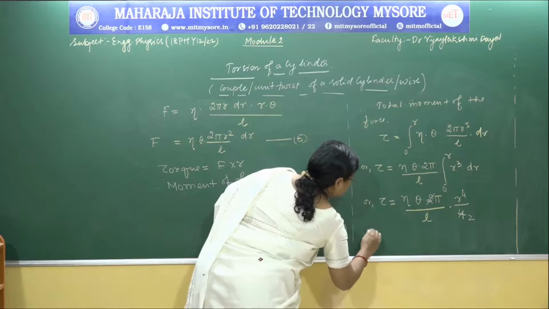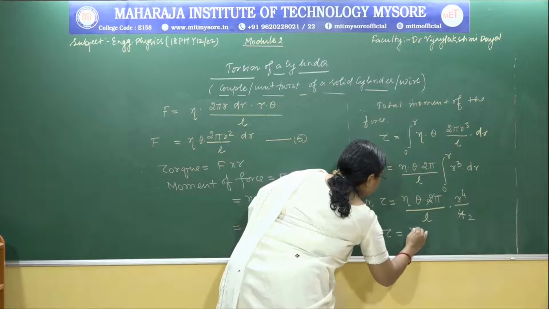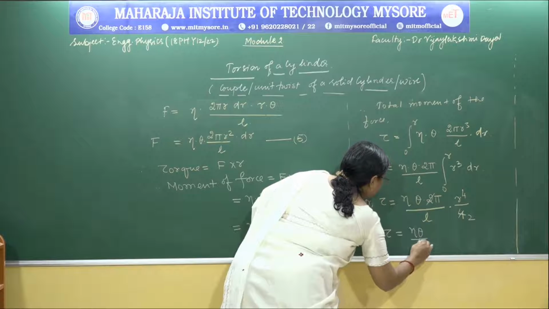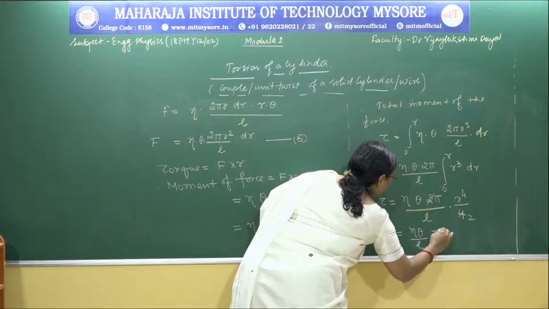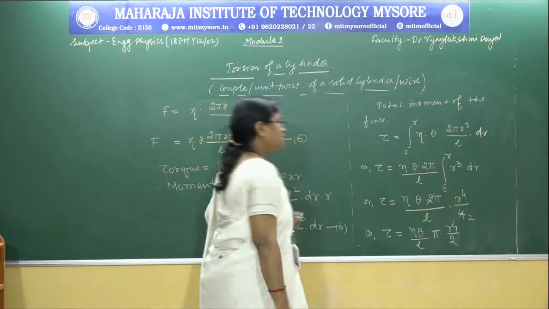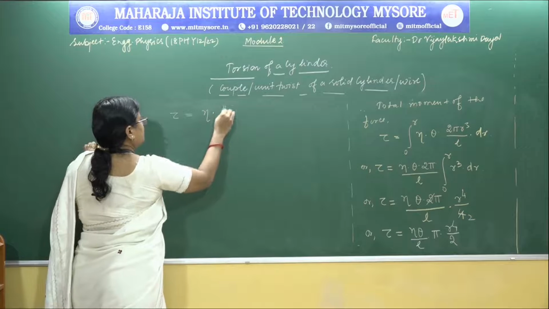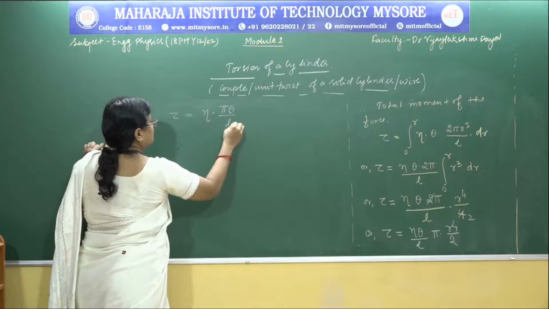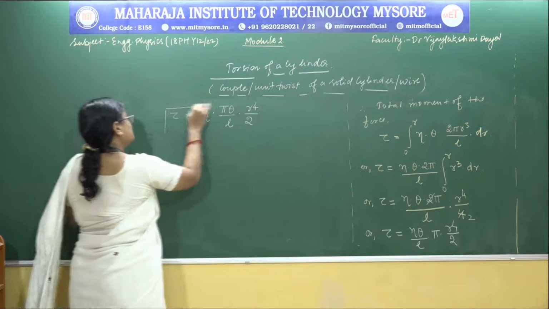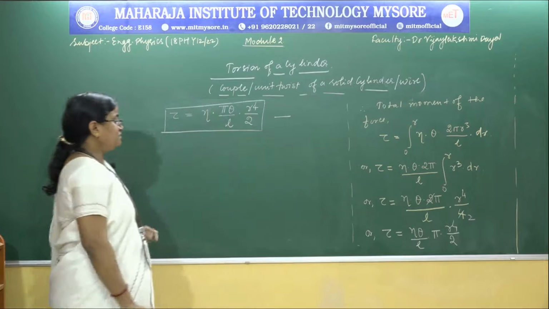So finally we get tau is equal to eta theta divided by L into pi r to the power 4 divided by 2. You can write it as tau is equal to eta pi theta divided by L, r to the power 4 by 2. This equation gives the total moment of force.